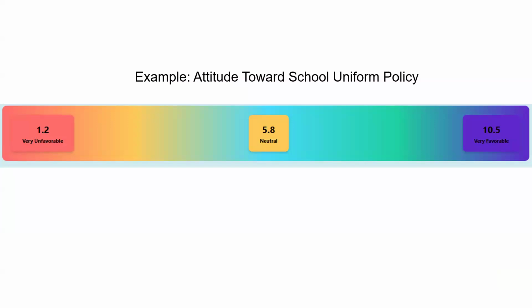If it is 5.8, nearly around, that is neutral. And if it is nearly around 10.5, it's very favorable towards the school uniform policy.